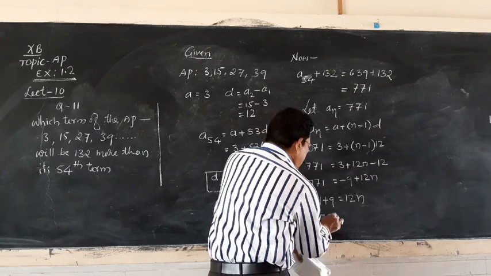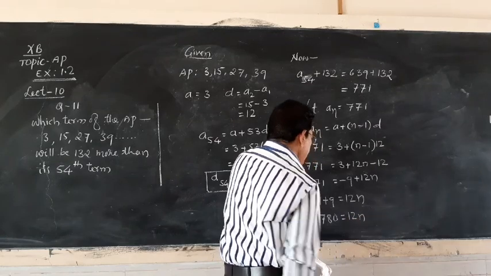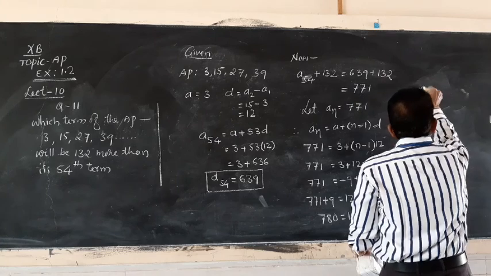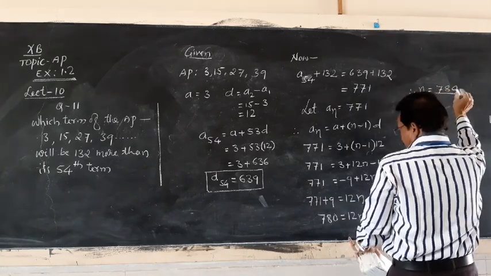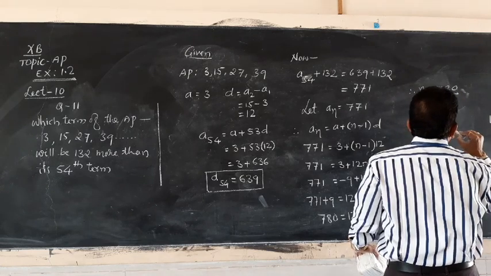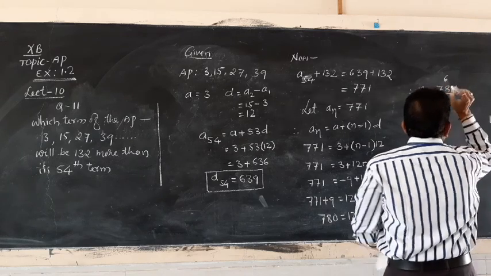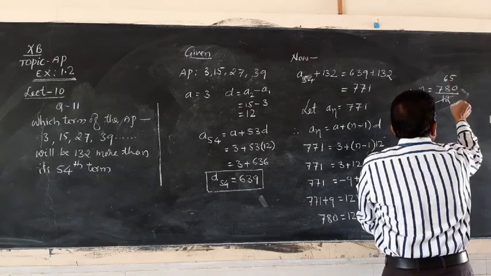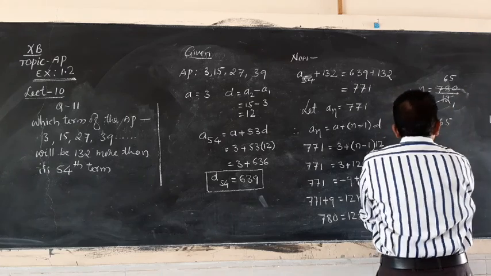That is 780 equals 12n. Therefore n equals 780 divided by 12. 12 sixes are 72, 12 fives are 60. n equals 65.